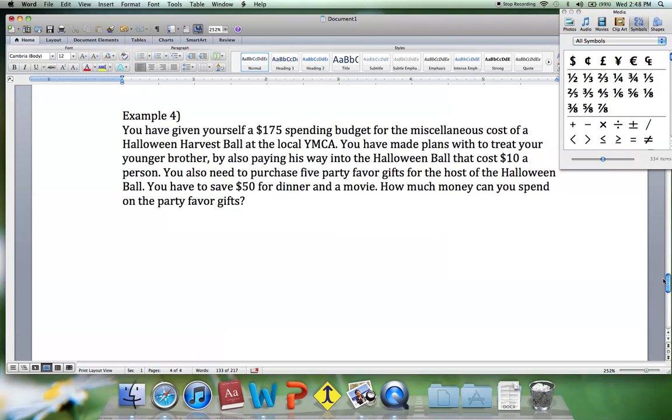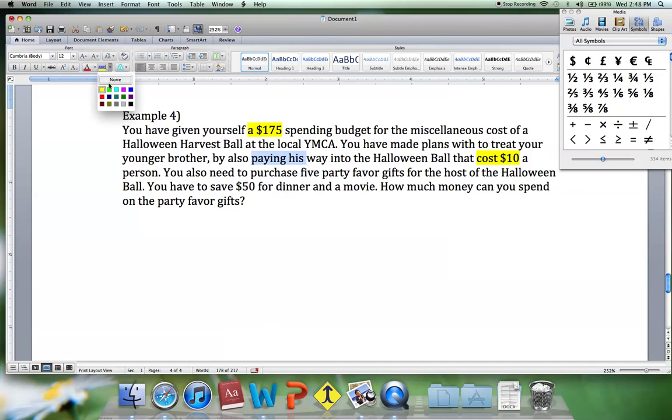So we have a lot of information here. The first piece of information that we have is you do not want to spend more than $175. $175 is the most that you can spend. All right, the Halloween harvest ball costs $10 a person, and you're going to pay your brother's way.